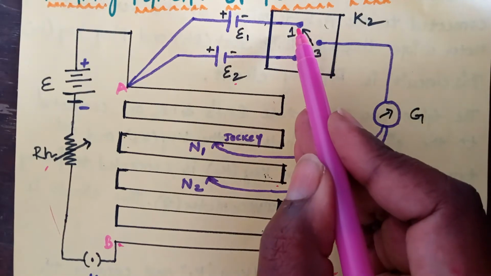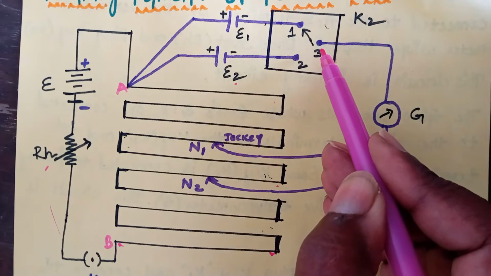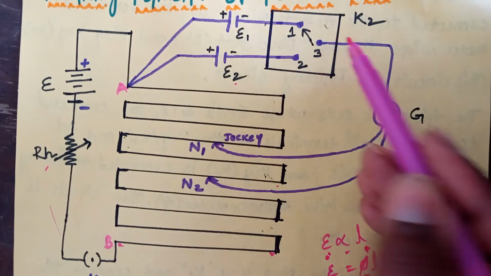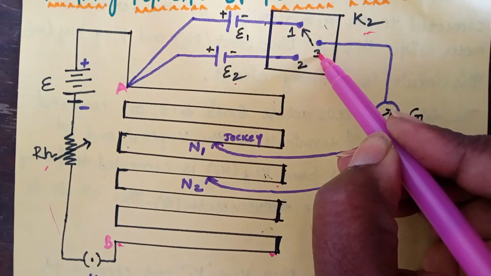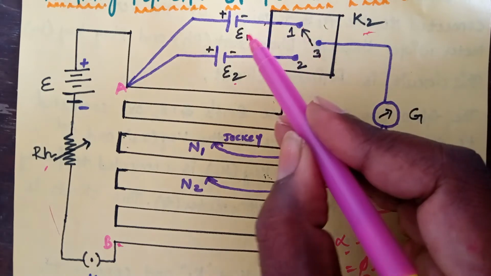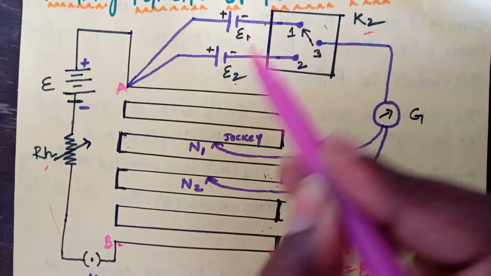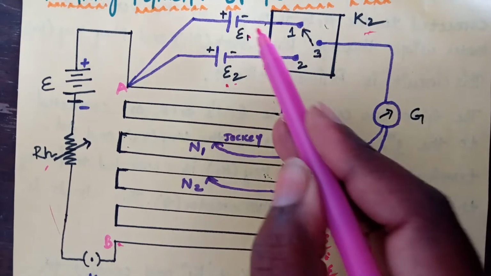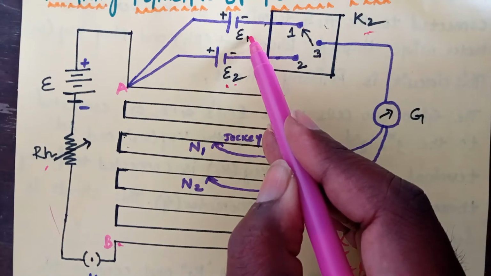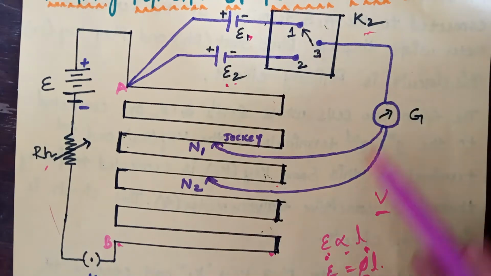Now first you close the 1, 3 terminals of the two-way key. At that time EMF of the first cell is working, and EMF of the second cell is not working. So EMF of the first cell is included in the secondary circuit.